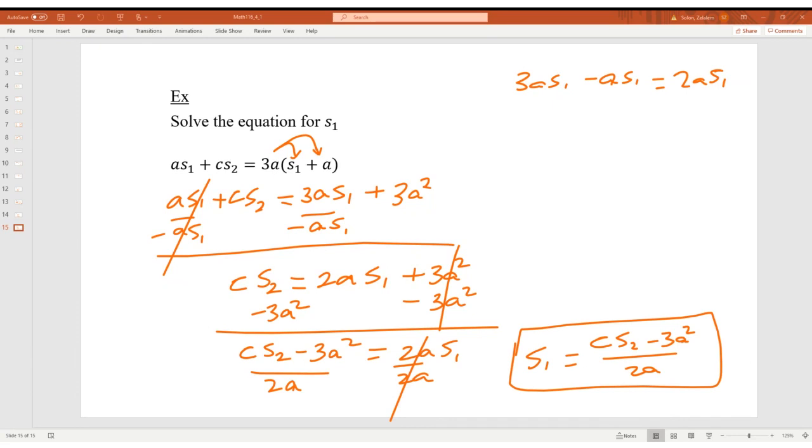Just divide by 2A. It's just multiplication. When you see multiplication, you do division. When you see addition, you do subtraction. I know it looks very complex, but it's basically the same as solving a linear equation.